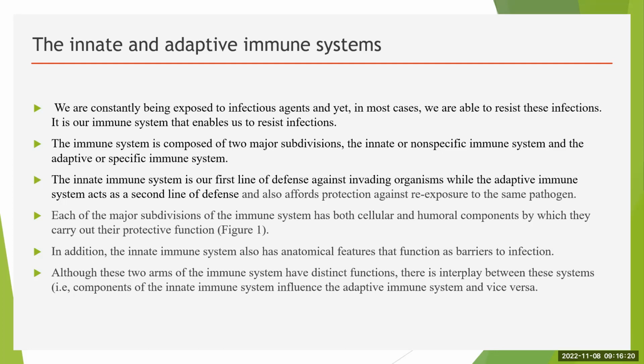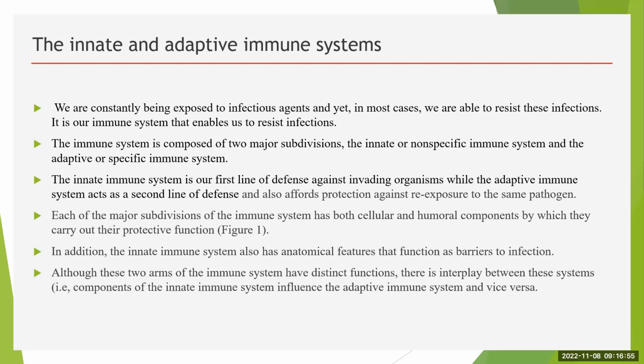So as we all know, we are constantly exposed to infectious agents. However, in most cases, we are able to resist this infection. And as we discussed yesterday, it is our immune system that enables us to fight off infection. And yesterday, we also mentioned that the immune system is composed of two broad divisions, which were the innate or non-specific immune system and the adaptive or specific immune system.